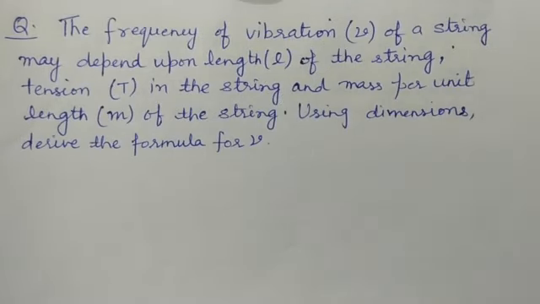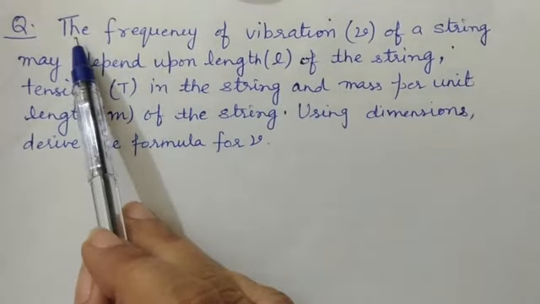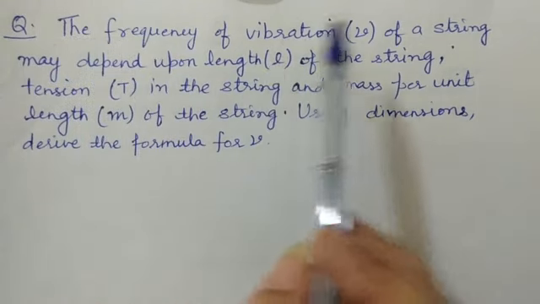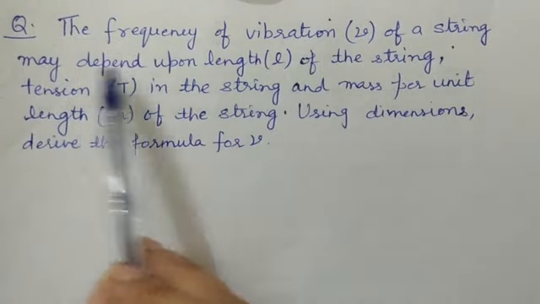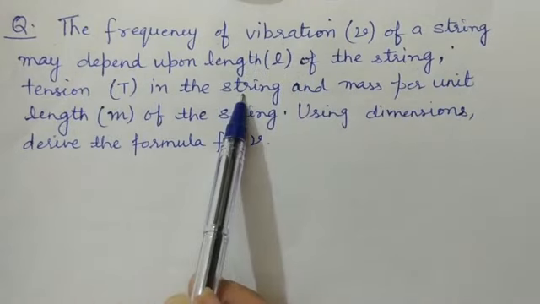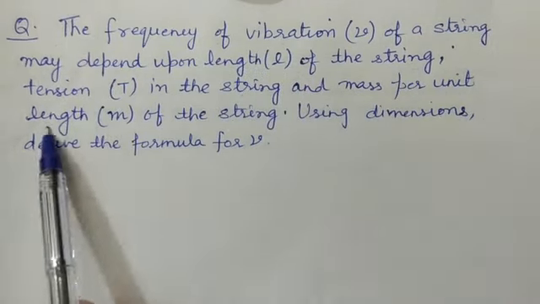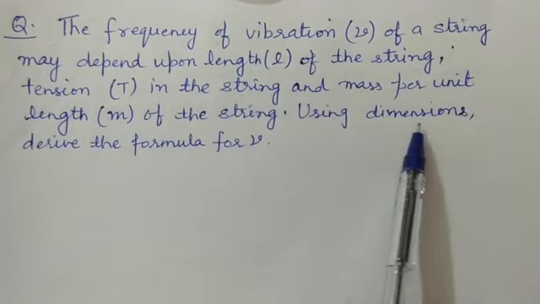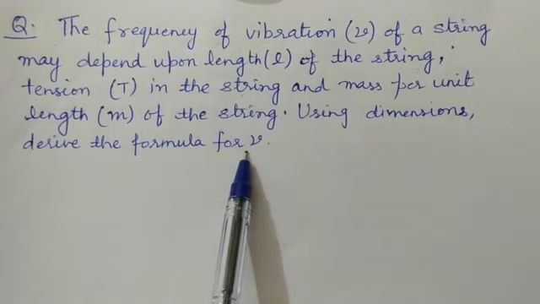Another example. The question is: the frequency of vibration nu of a string may depend upon the length L of the string, tension T in the string, and mass per unit length m of the string. Using dimensions, derive the formula for nu.